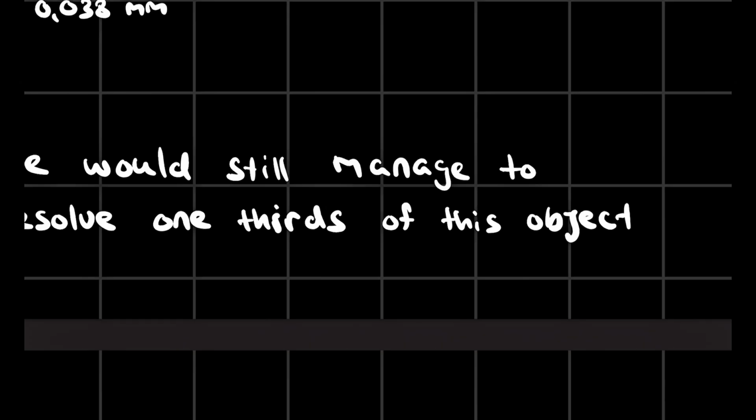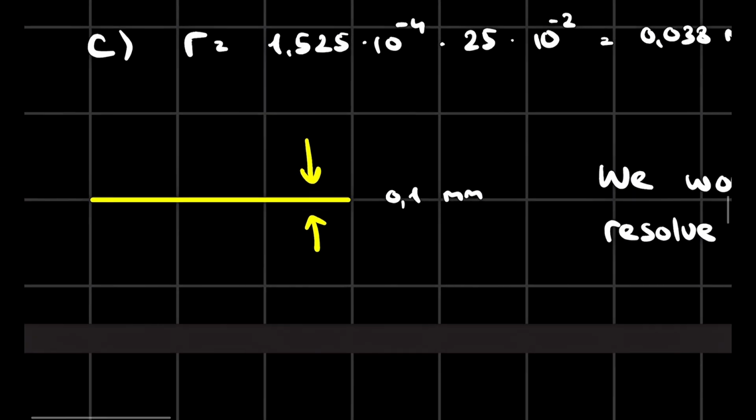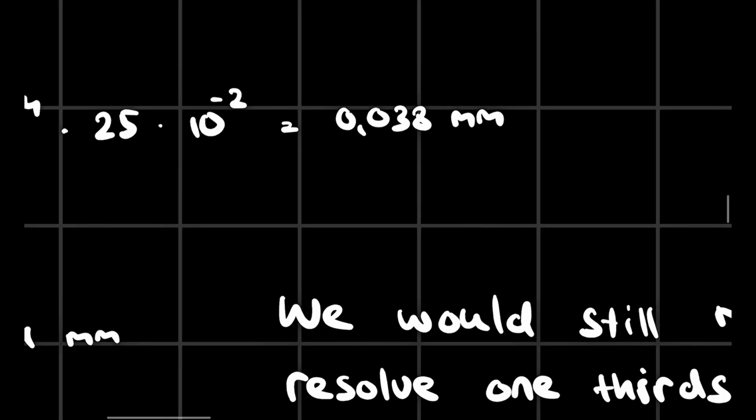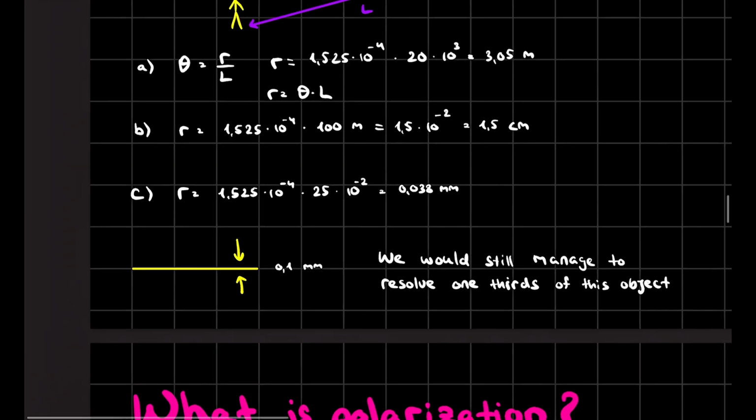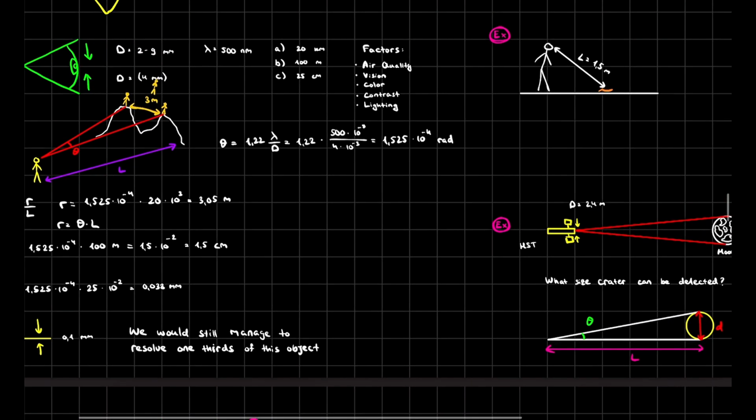So if this was a small, maybe human hair, and if this thing was even 3 times smaller, we would still be able to see this thing.